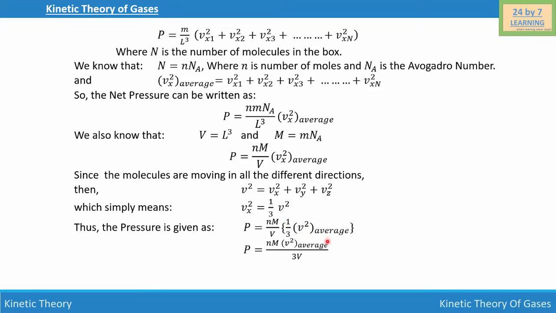Simplifying further, we write N m v average square over 3V.